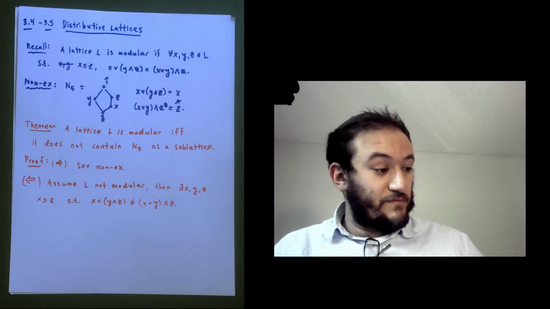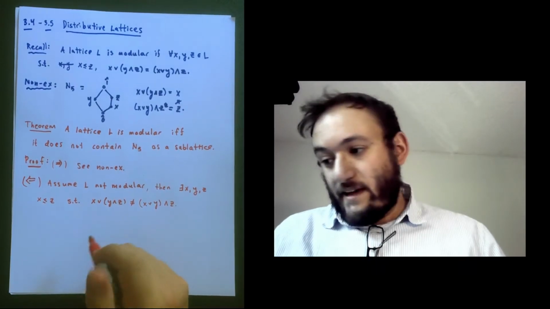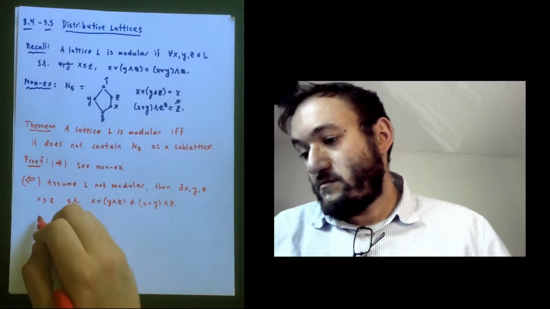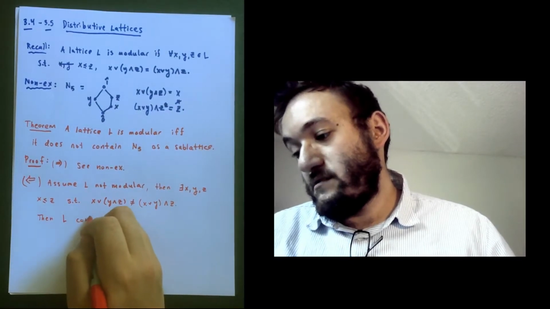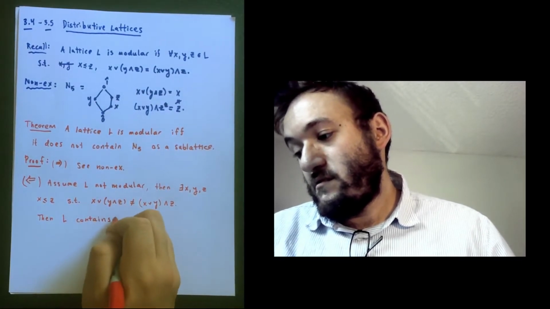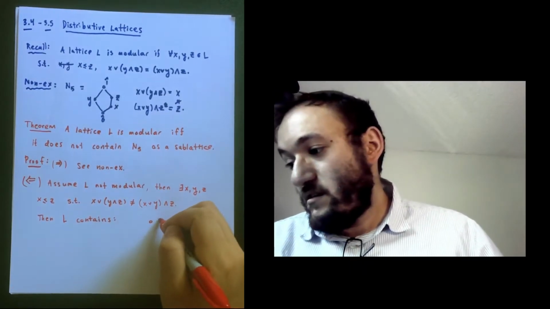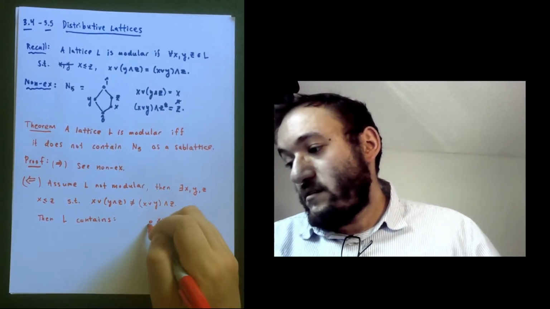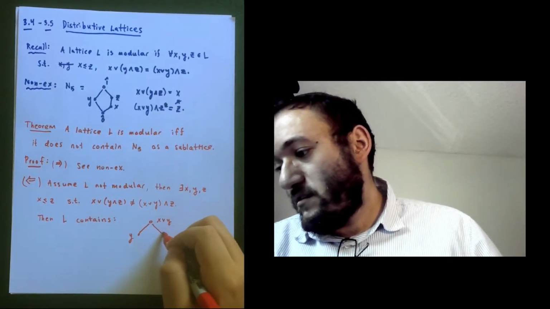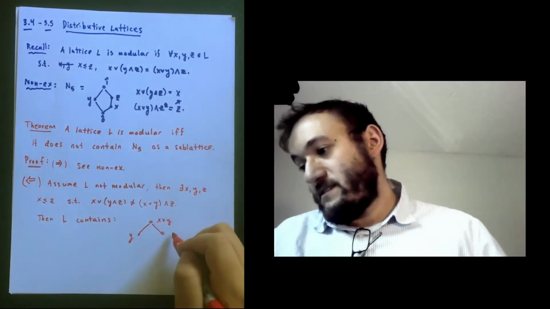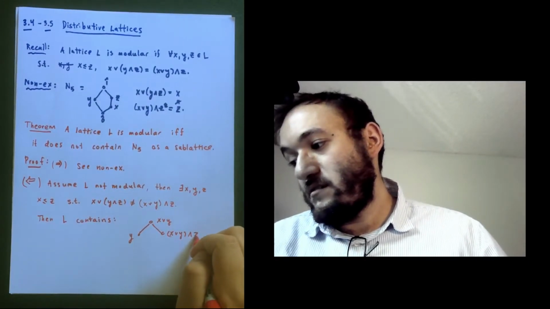then you will be able to find the following sublattice. L contains, and on top here we're going to have x join y. Here we'll have y. Here we're not going to have z, we're going to take x join y meet z.